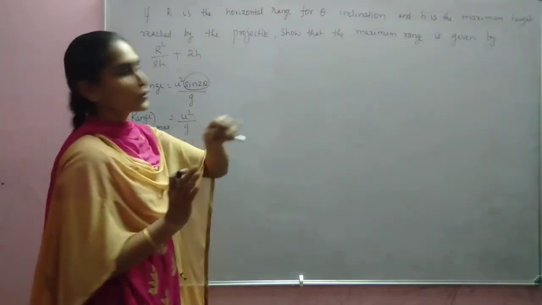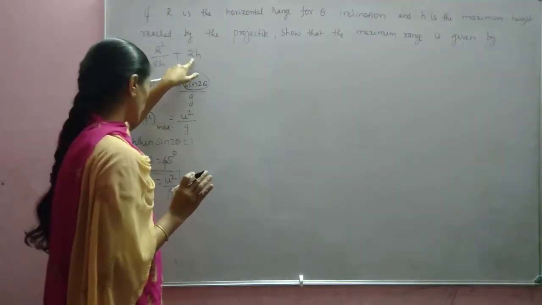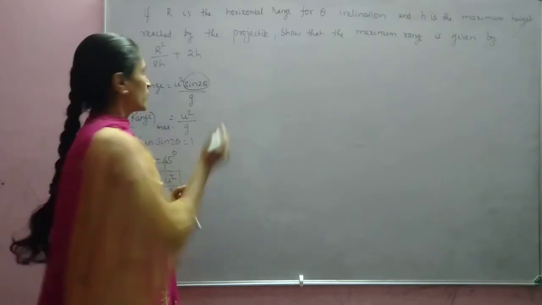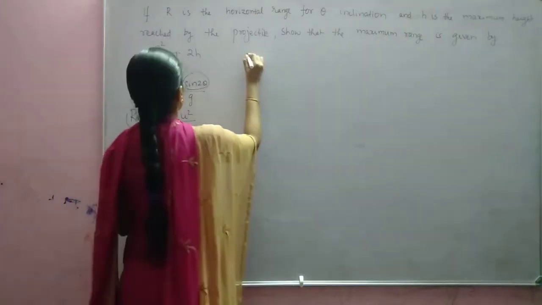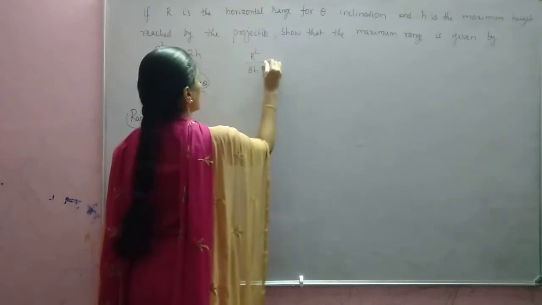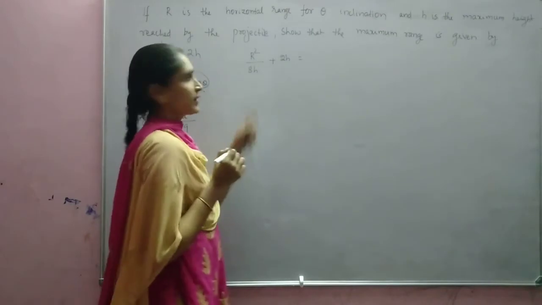And what we have to show? We have to show that R square by 8H plus 2H is equal to u square by g. Okay. So we can start with this. We can start R square by 8H plus 2H is equal to, what is the value of R?